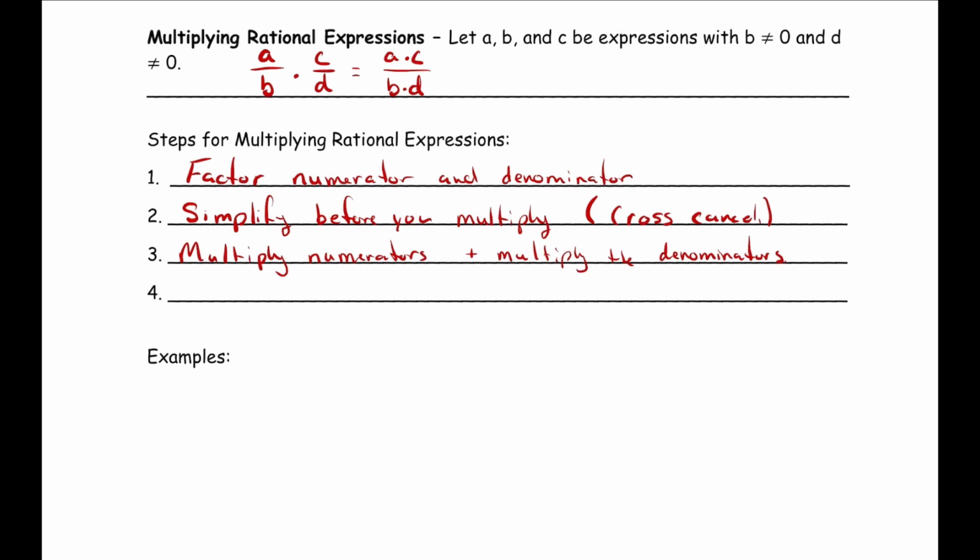Okay, and then finally, if possible, we'll simplify some more. Not often possible, but if you can, do. All right, so let's go ahead and take a look at a couple of examples, see how this works in practice.